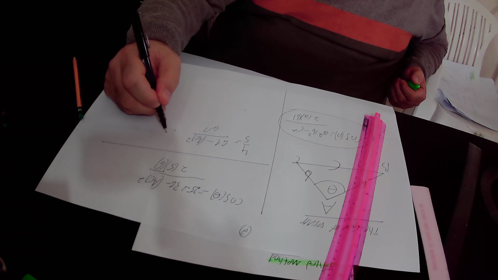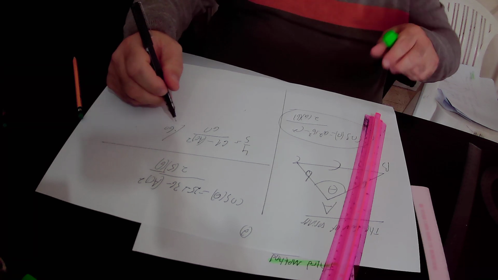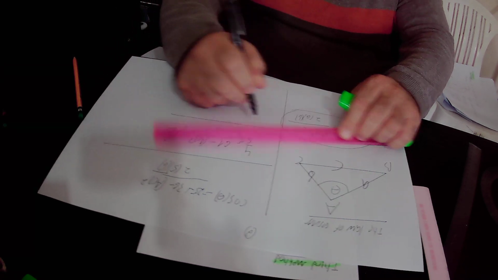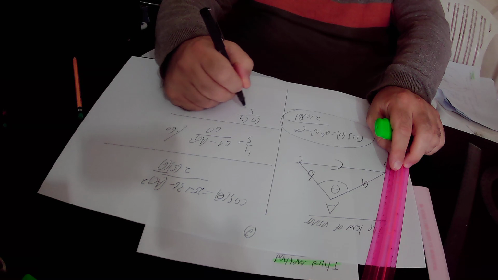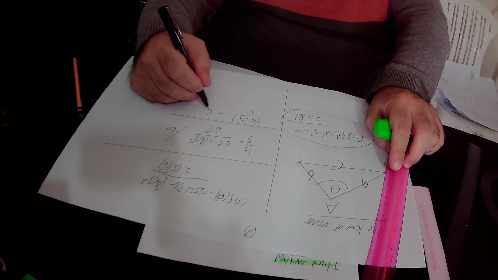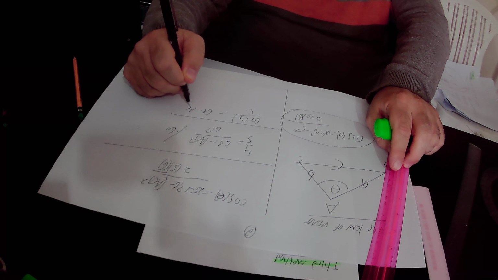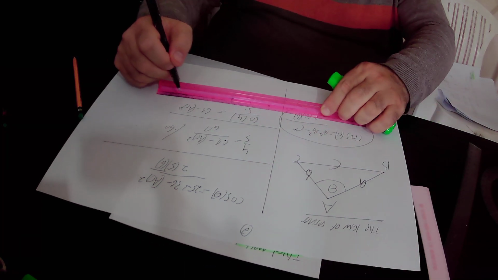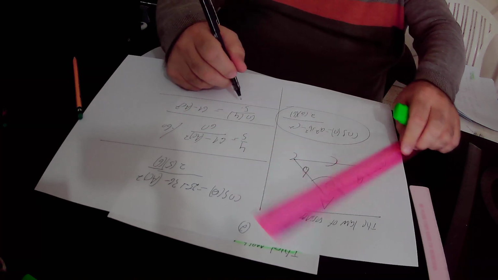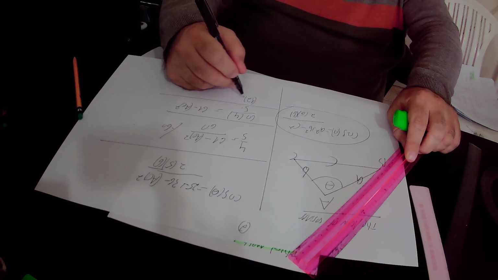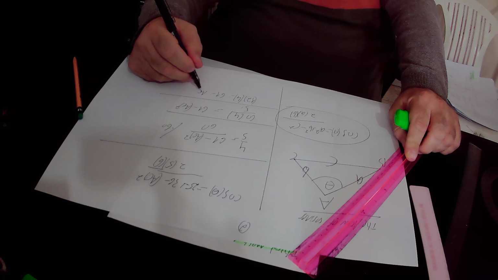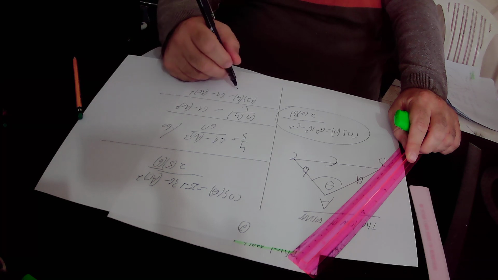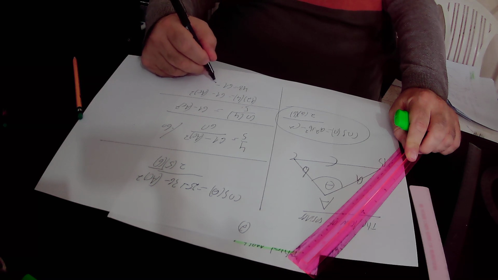Here we'll multiply this equation by 60 and we get that 60 times 4 over 5 equals 61 minus AC squared. 60 over 5 is 12, so we have 12 times 4, that is equal to 61 minus AC squared. 12 times 4 is 48, so 48 equals 61 minus AC squared.